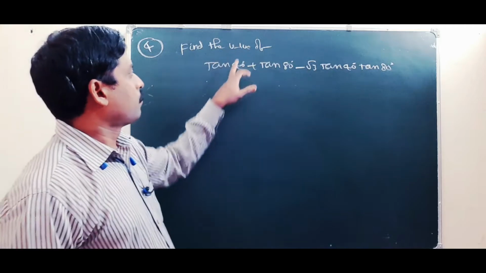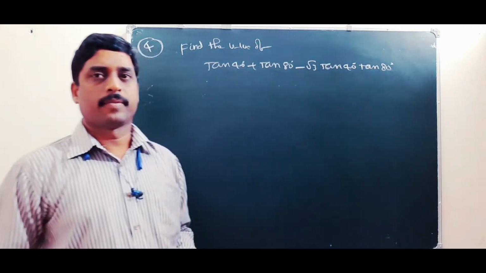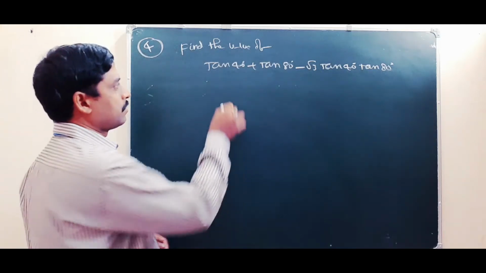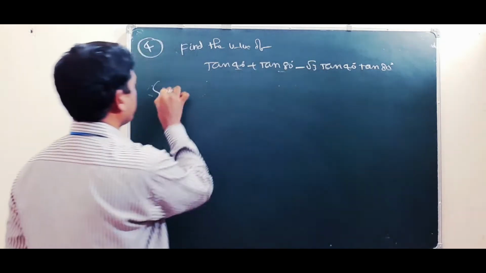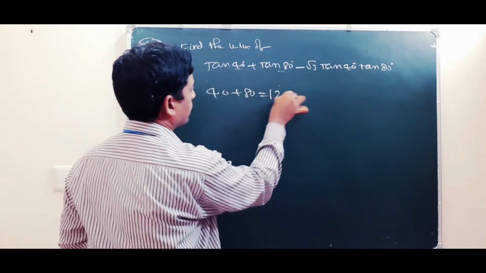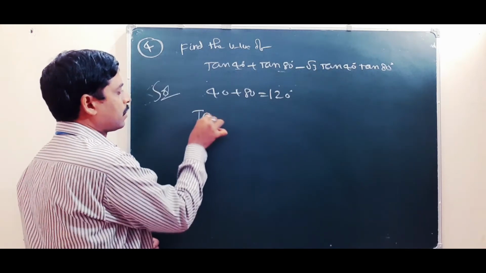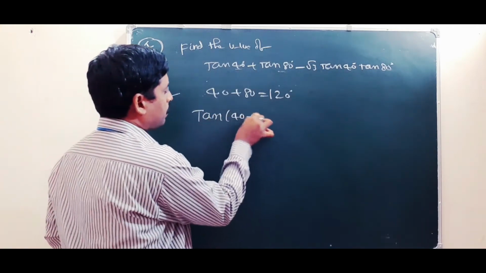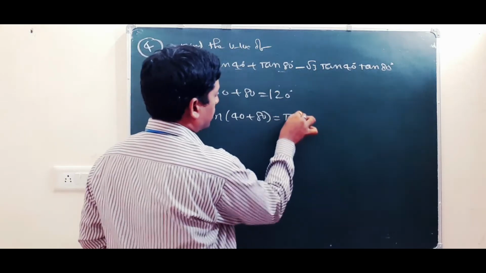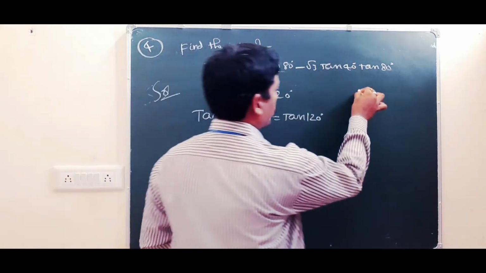Find the value of tan 40 plus tan 80 minus root 3 times of tan 40 tan 80. Okay. So let us take one relation between 40 and 80. 40 plus 80 equal to 120. Okay, now applying tangent on both sides. Tan of (40 plus 80) equal to tan 120. Okay, we have the tan 120 value.